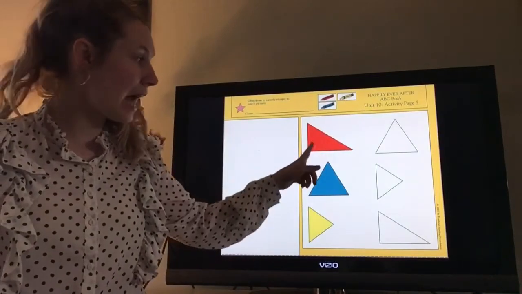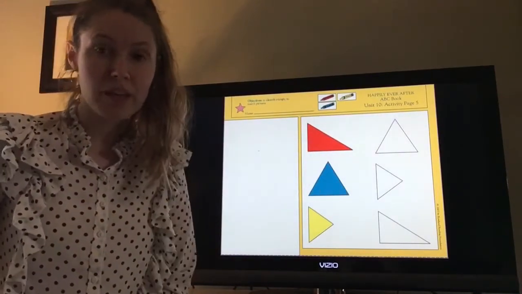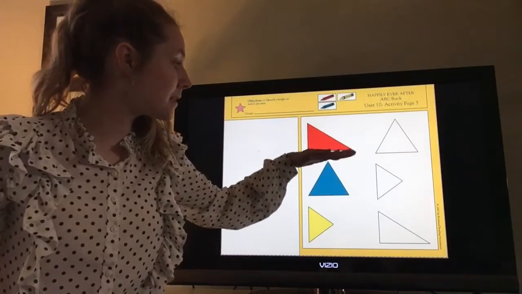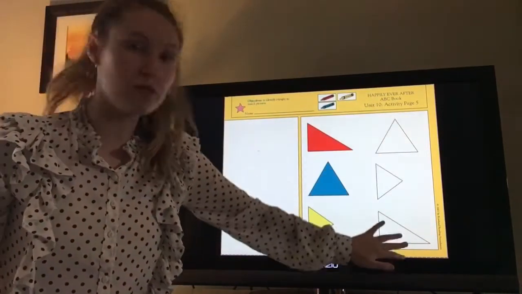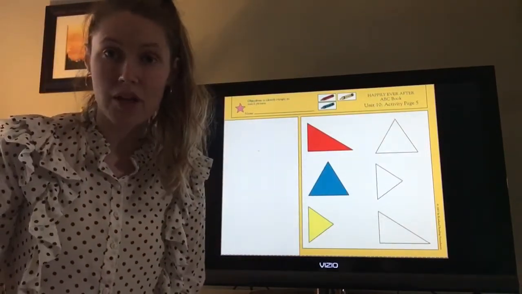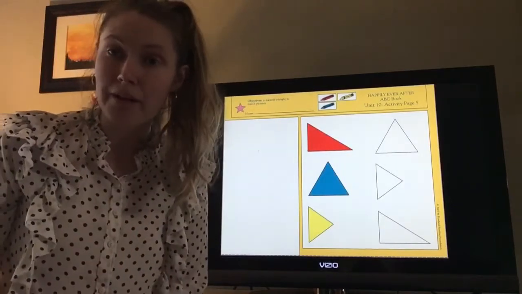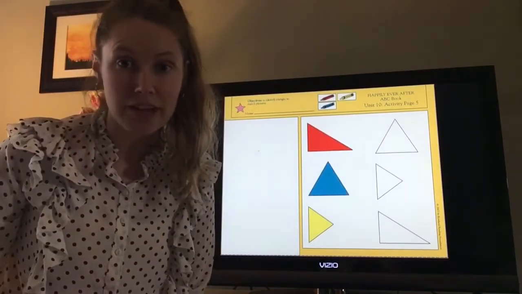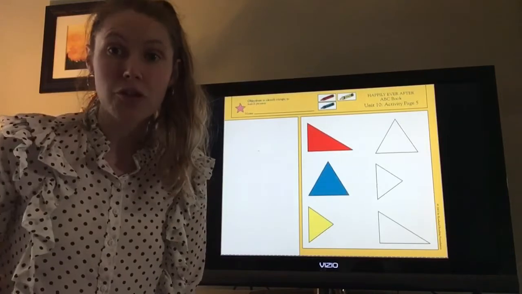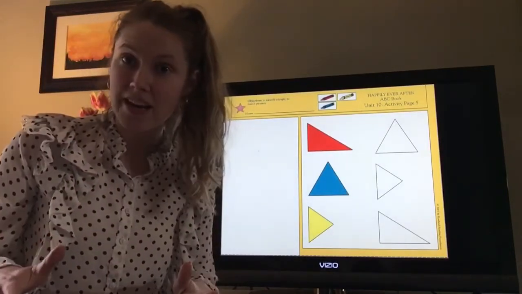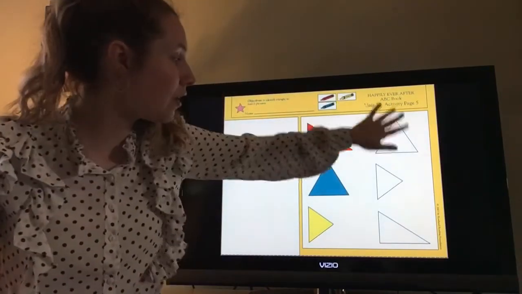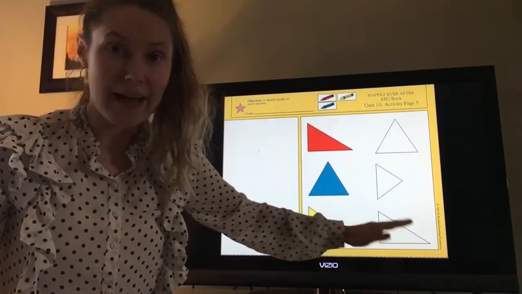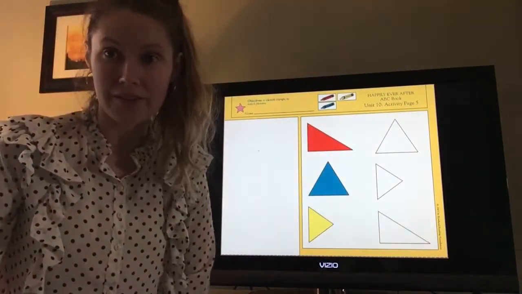So right here we have a red triangle. This red triangle has a very specific shape, and one of these triangles matches that shape. We need to figure out which triangle matches it and also color that triangle red. So go ahead, pause right here, and color the triangle on the right side red that matches the red triangle.